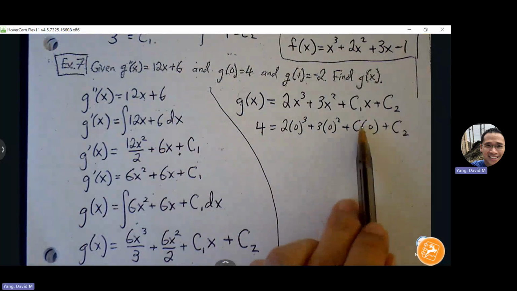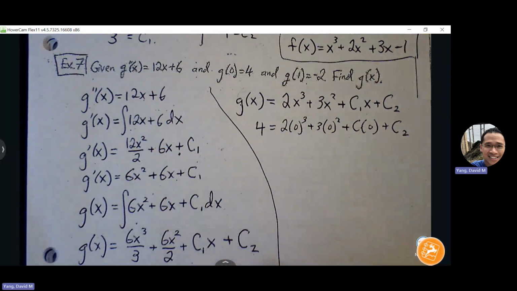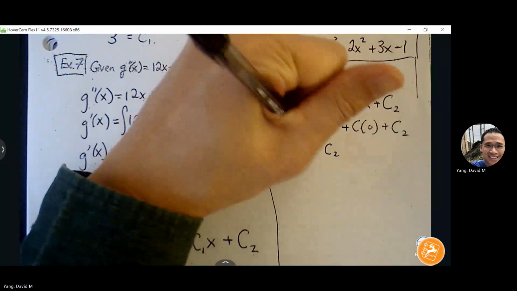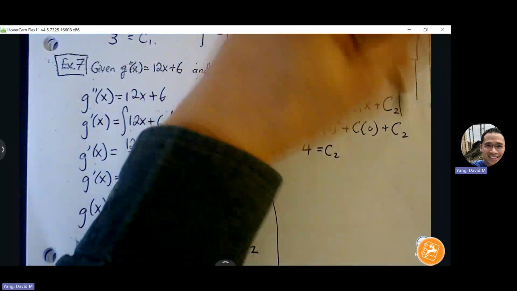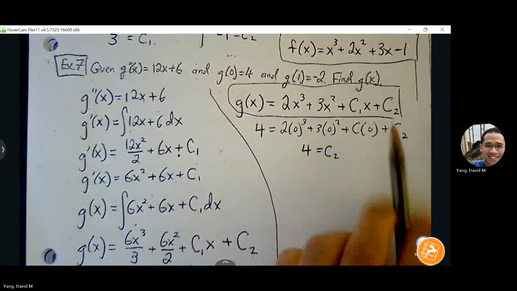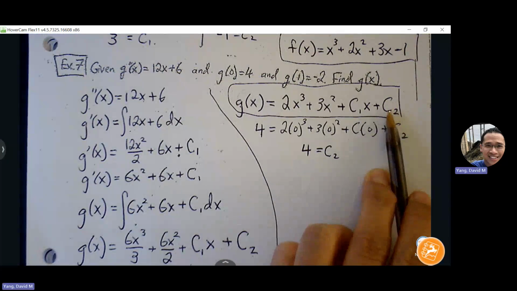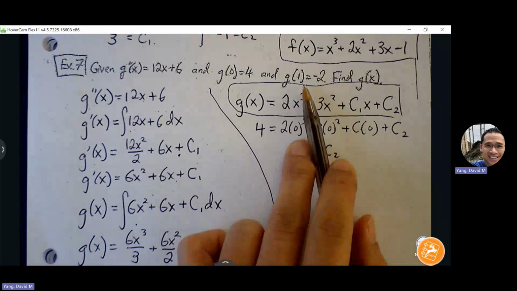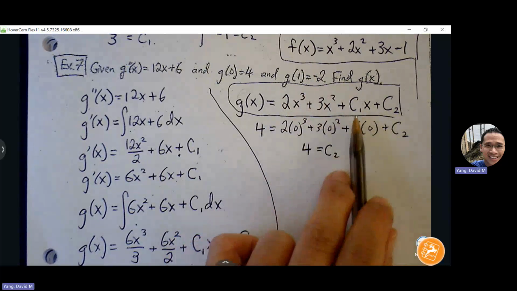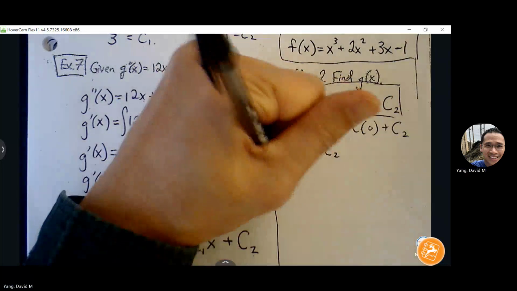That's good. All this wipes out. C sub 2 equals what? Okay, so I'm going to update this equation with my value that I know for C sub 2, and then I can use this ordered pair 1, negative 2 to help me get the rest of the way to solve for C sub 1.